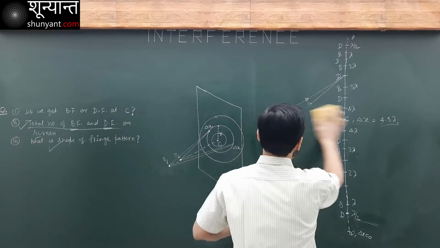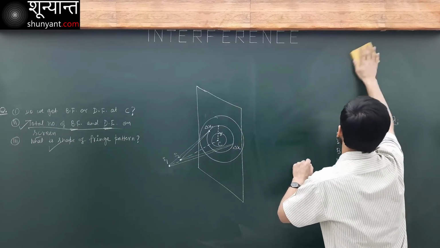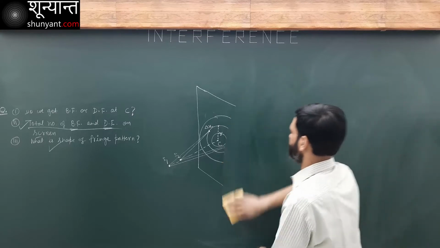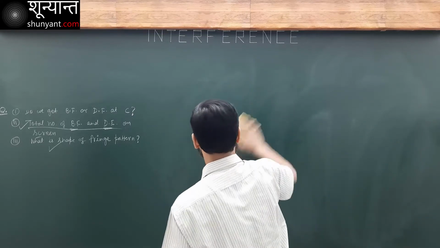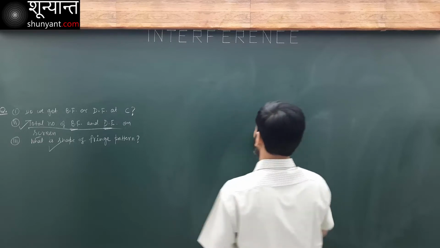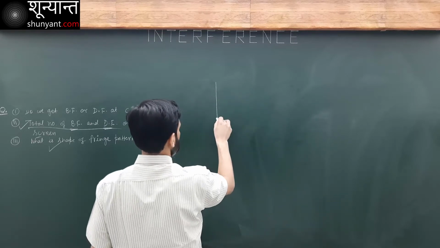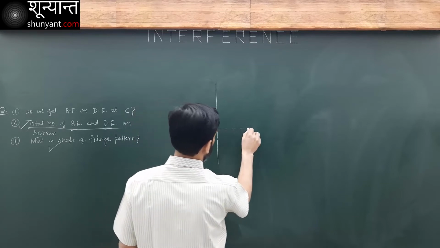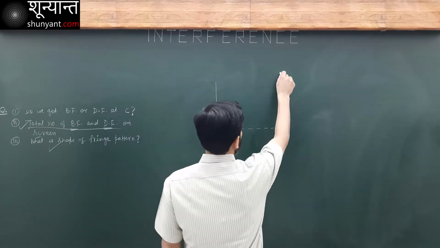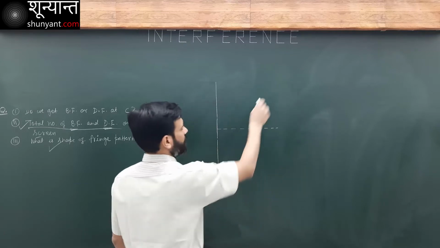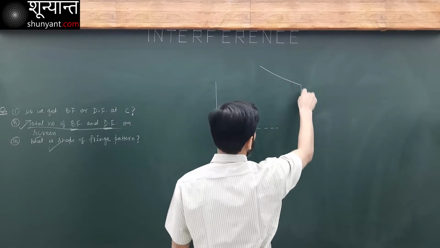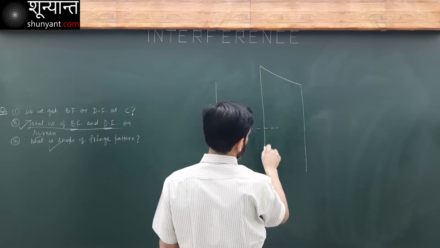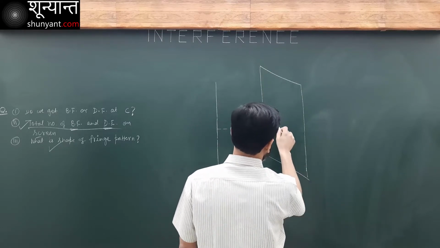Now, what is the fringe pattern in a normal YDSE setup? I have this normal YDSE setup. What will the fringe pattern be here?